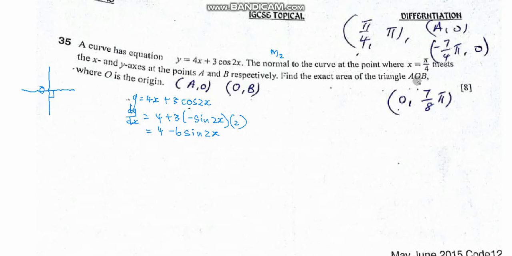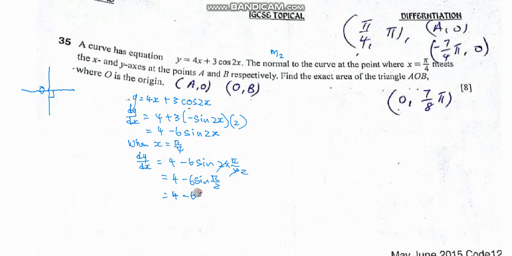Now, at the position where x equals pi over 4, dy/dx, which is your M1, is 4 minus 6 sine 2 times pi over 4. The 4 cancels, so it's 4 minus 6 sine pi over 2, which is 90 degrees, which gives you a value of 1.